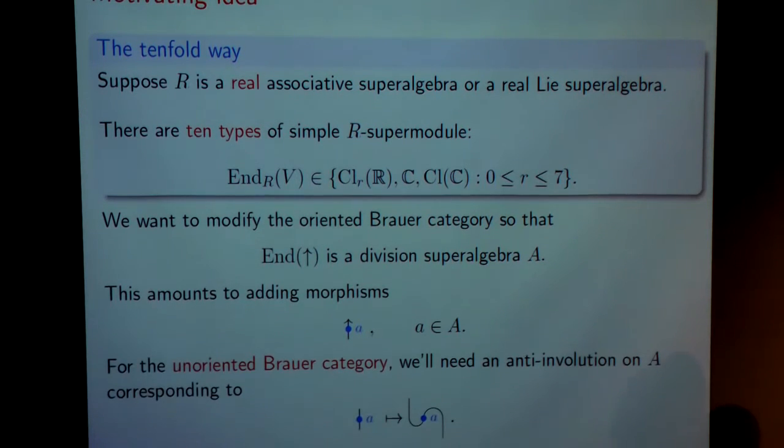In the unoriented case, we essentially want to do the same thing, but there's one other thing that happens. You can now take an unoriented strand with a token and twist it, and it gives you another endomorphism of that object. And this twist will correspond to the fact that we really want an anti-involution on this superalgebra as well. That corresponds to this map.